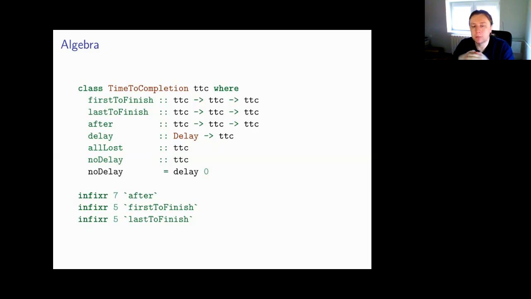So what we see here is this very simple algebra where we have special elements that are either null elements of one operation or the other, or neutral elements of one operation or the other. And we have the first to finish and last to finish and after operations. And depending on what we want to talk about, we can basically use these operations.